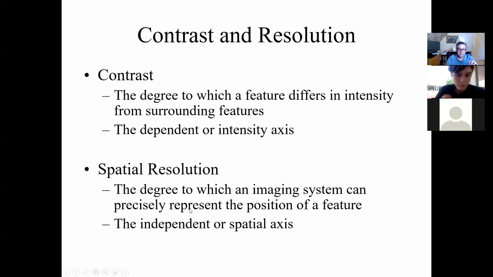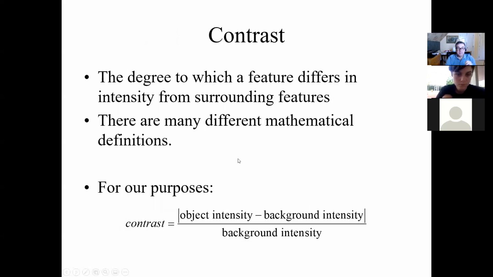So we can break it down that way. I want to talk about each of these, because as we talk about individual imaging systems, we're going to discuss what contrast is in that system, where the contrast comes from, and what makes some things have more contrast than others.